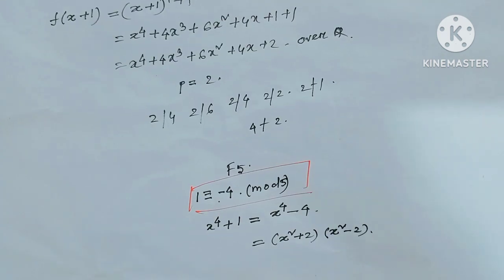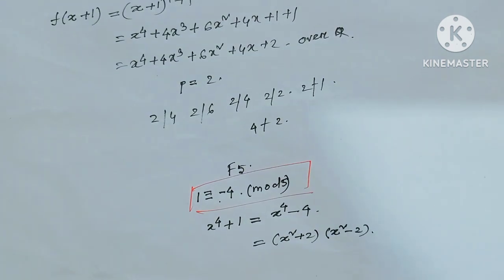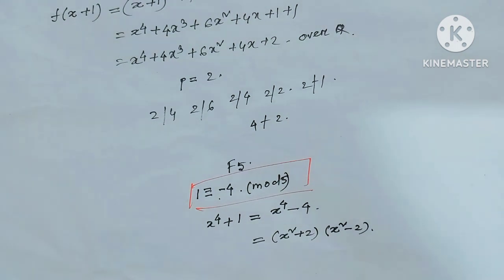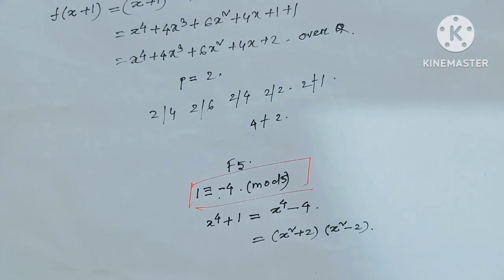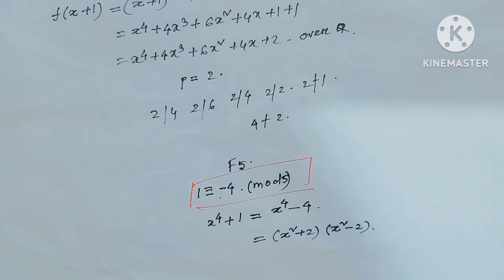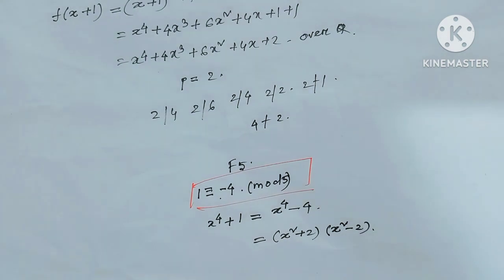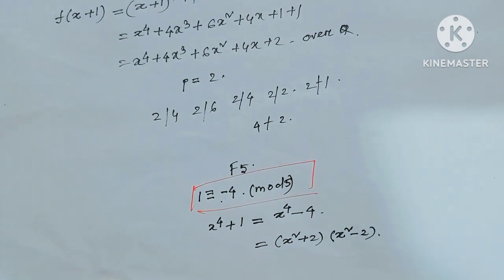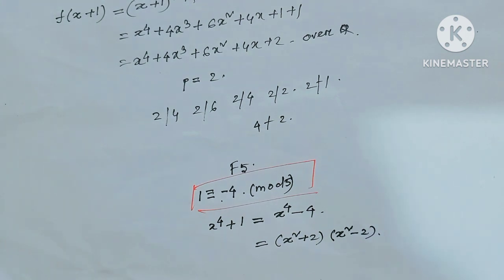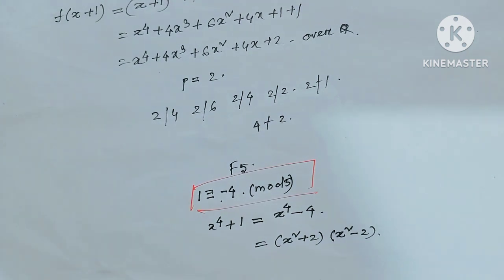Then x to the power 4 plus 1 is equal to x to the power 4 minus 4, and x to the power 4 minus 4 means obviously this implies (x square plus 2) times (x square minus 2). Finally, for all prime p, we can factor x to the power 4 plus 1 in such a type.